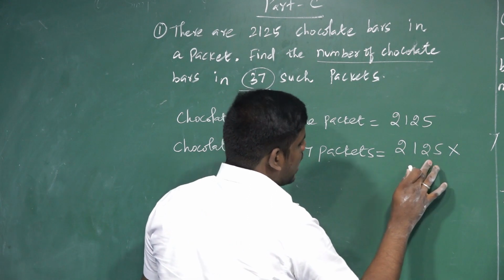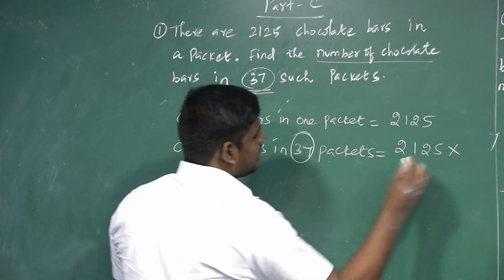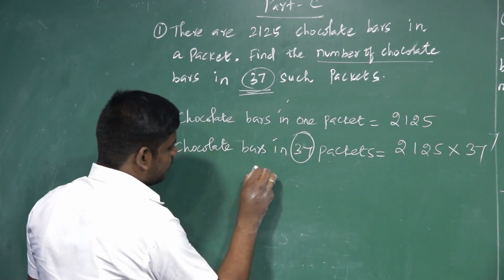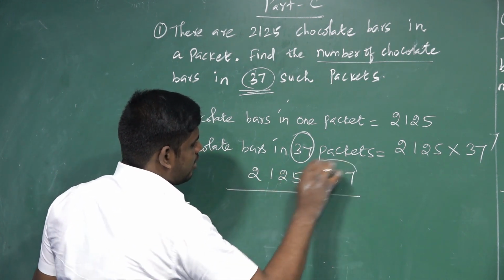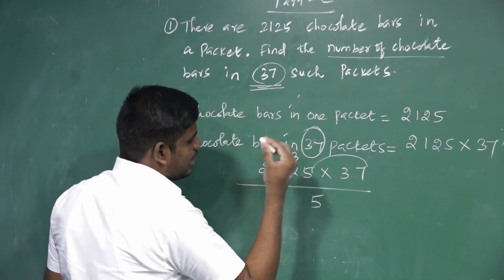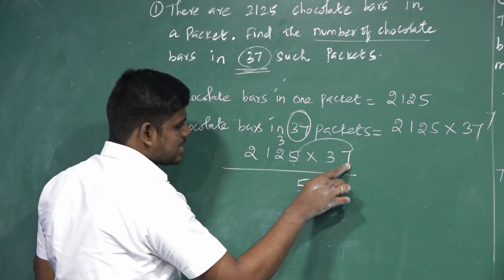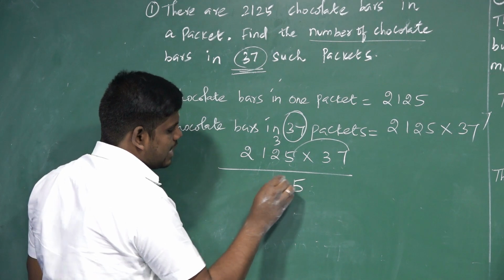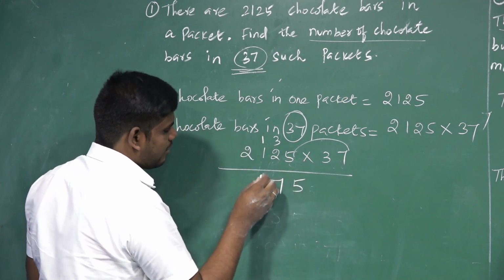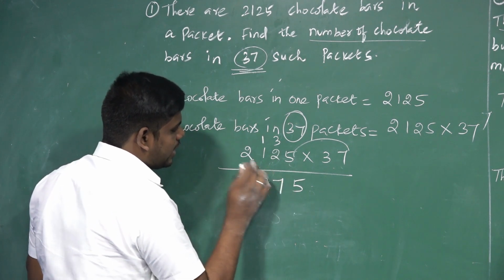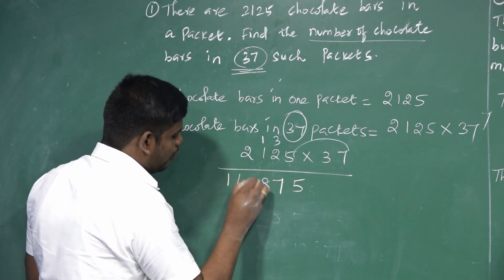So multiply operation we have to do here. So 2,125 multiply with 37. See, 5 sevens are 35, remaining 3. 2 sevens are 14. 14 plus 3, 17, remaining 1. Okay, 1 7 is 7. 7 plus 1, 8. 2 sevens are 14.